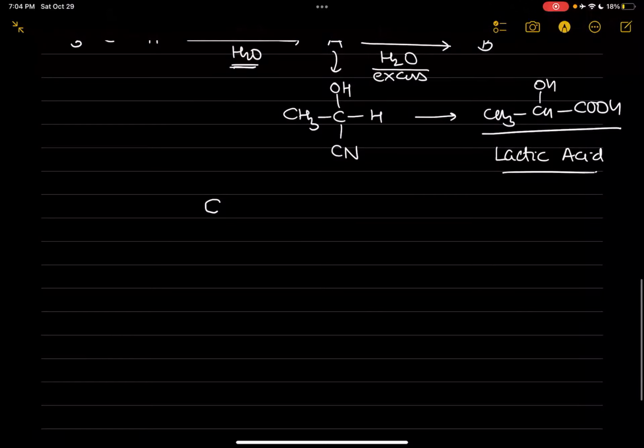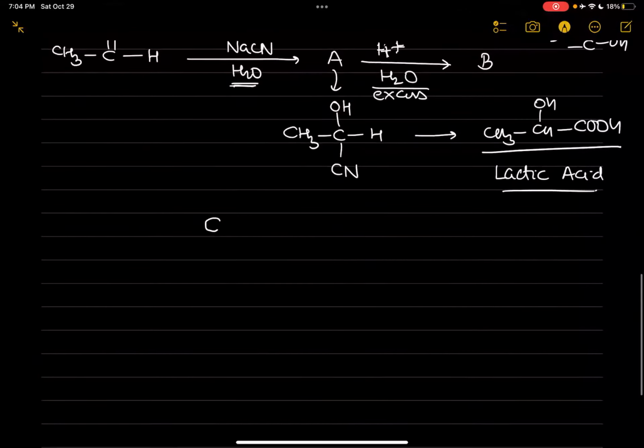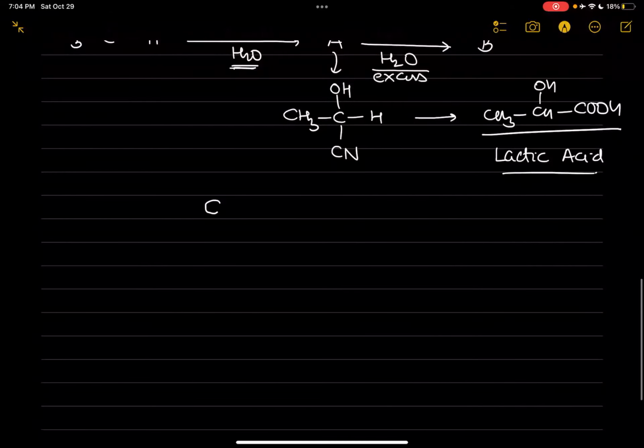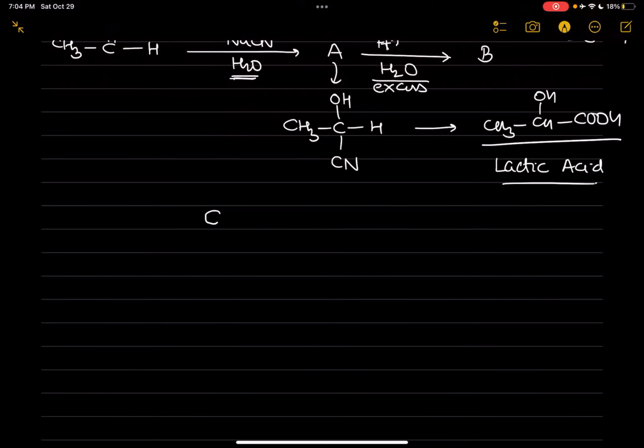So how many stereoisomers will be there? So 4. How come four? If there is a chiral carbon, how many possibilities are there?